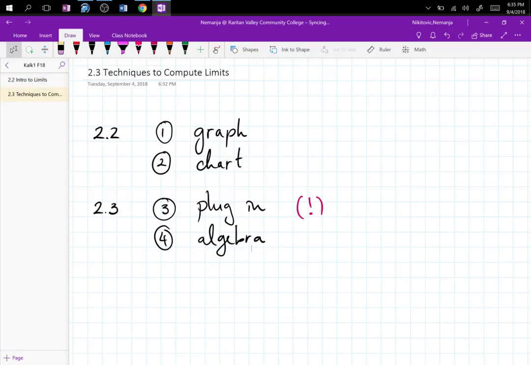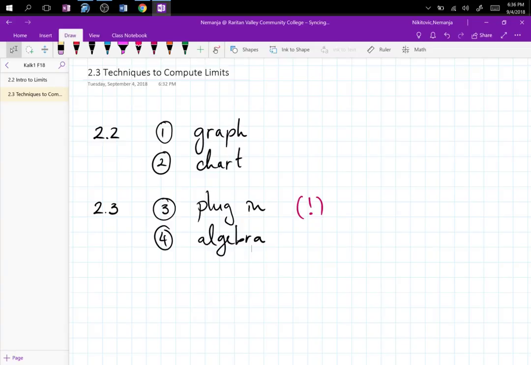It doesn't take a lot of cognitive power to do something like that. Pick x's, compute y's, and then look at the pattern. Now, we want to move on to the methods that we usually use. And the first one comes with a warning, and that's plug in.